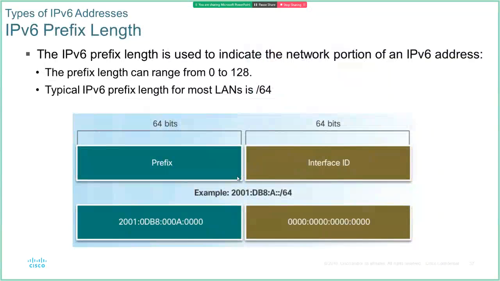So to start with, it is very simple for addressing. Our network portion is always going to be 64 bits to start with. That's universal across IPv6.